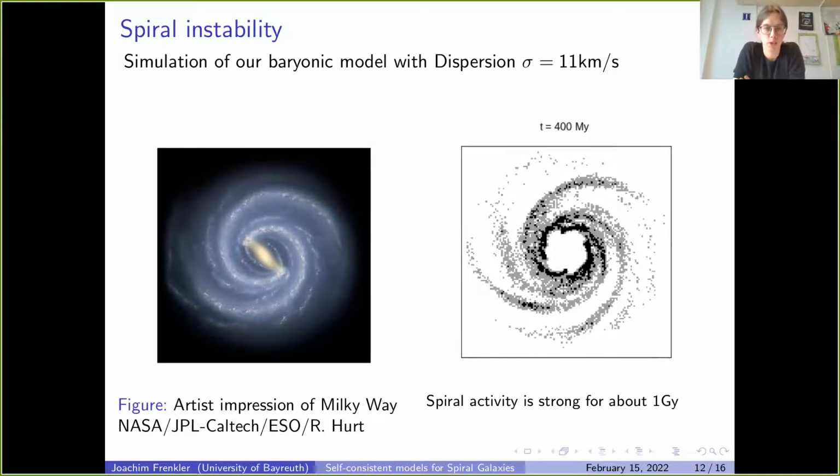four-armed spiral structure, which is quite similar to the one that you see here on the left side, the one of the Milky Way. This picture is an artist's impression of the Milky Way, which is based on observational data from NASA and from ESO, and it's published on their website.